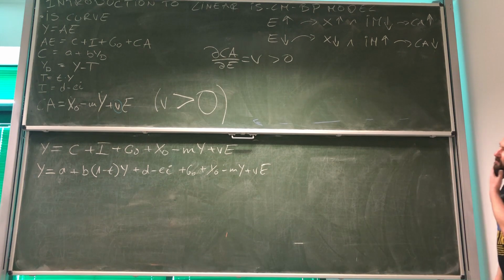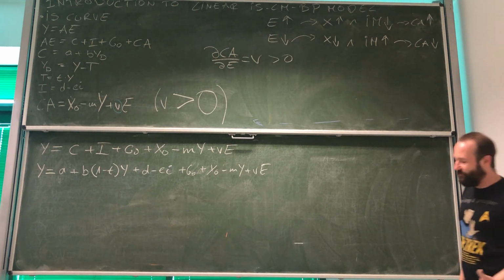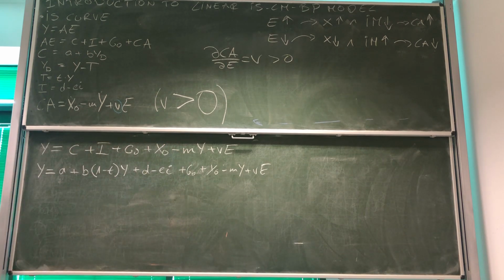Okay, and look, at this moment, we can already say that we've got the formula for IS, but let's do it the way we like it, and let's organize it in such a way that we put all endogenous variables on the left-hand side and the exogenous on the right-hand side. Now, what are going to be our endogenous variables? Well, first, income.